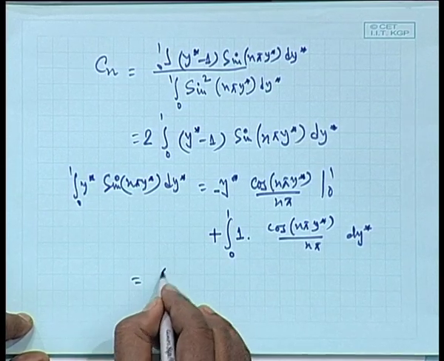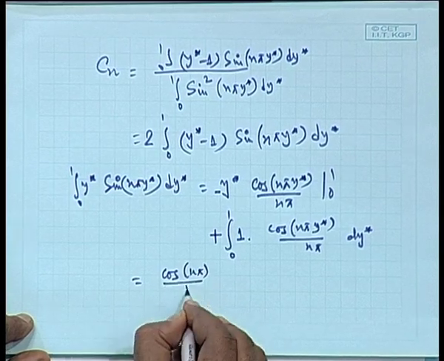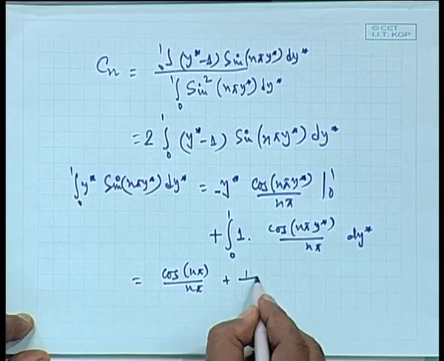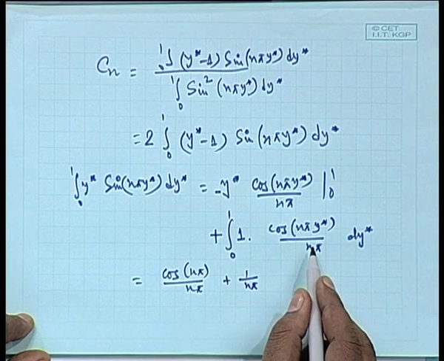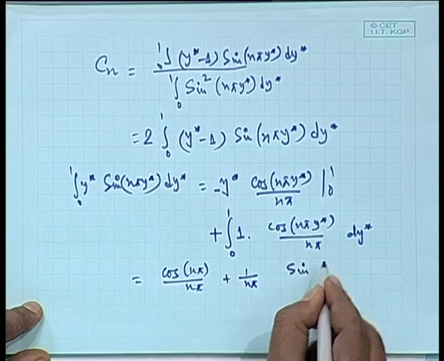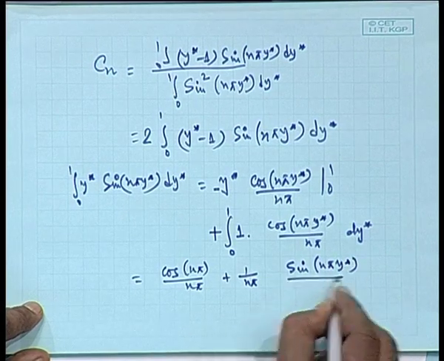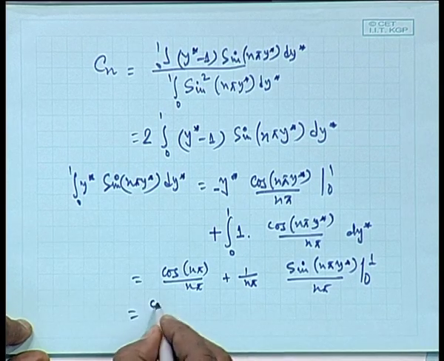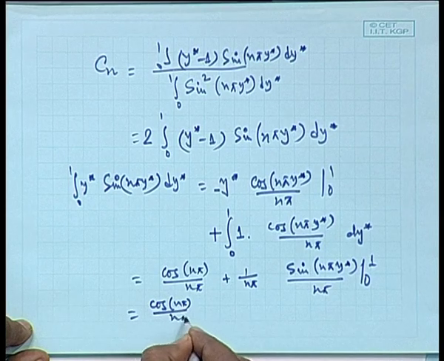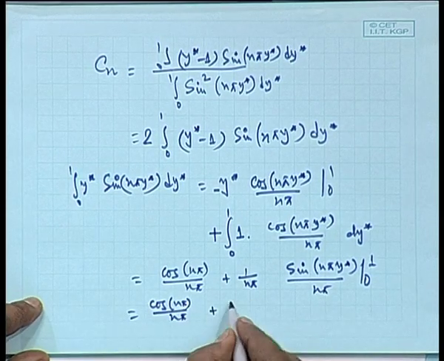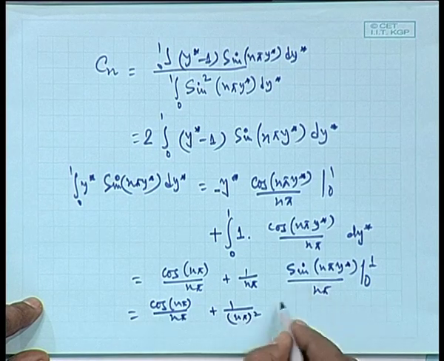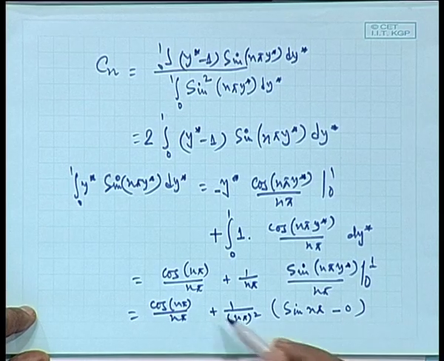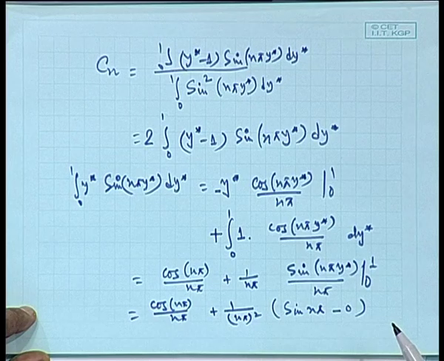So, it will be cos n pi over n pi, and the other term at 0 will be off, plus 1 over n pi square sin n pi y star from 0 to 1. So, cosine n pi over n pi plus 1 by n pi square sin n pi minus 0, and sin n pi itself is 0. So, the whole second term is identically equal to 0.